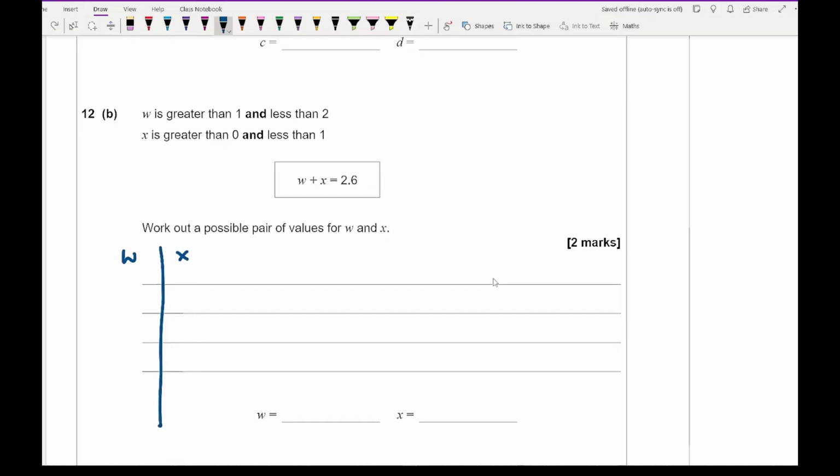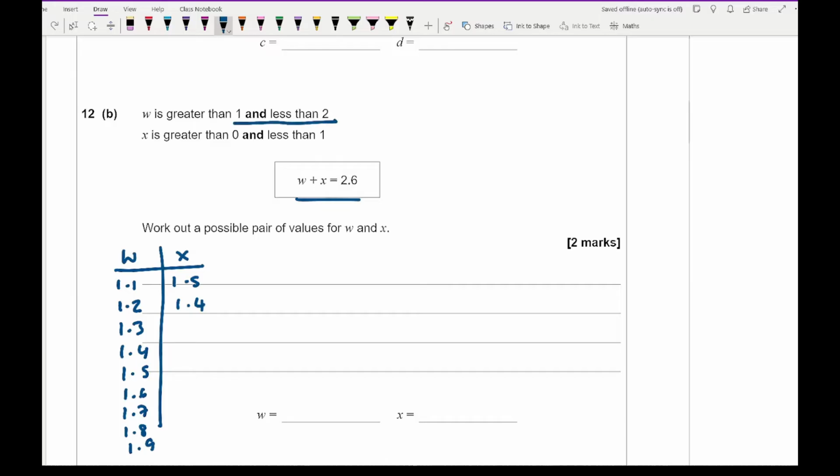So again, going through the options, if W is 1.5, then X needs to be 1.1, because remember, the 2 numbers need to add up to give me 2.6. So W could be 1.2, 1.3, 1.4, 1.5, 1.6, 1.7, 1.8, and 1.9, because they're the numbers that are greater than 1 and less than 2.